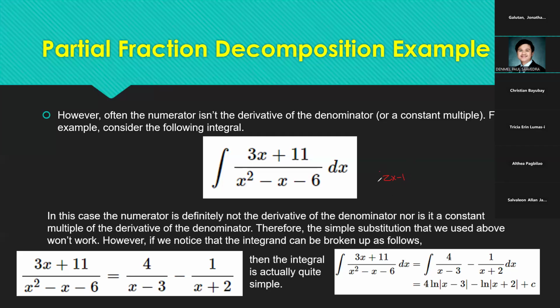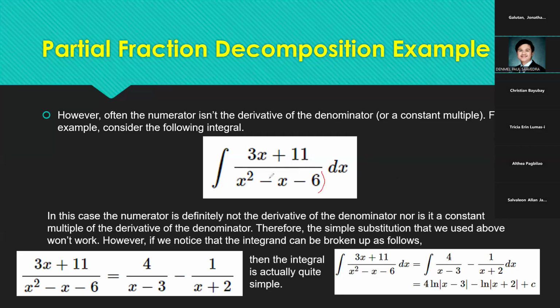Okay, anyway, so in here, the derivative of x squared minus x is 2x minus 1, which is not the same with our numerator. And then there is no way that we can make them the same. Okay, so our next option to this one is, of course, now the partial fraction.